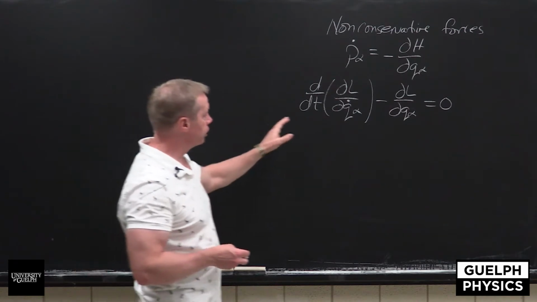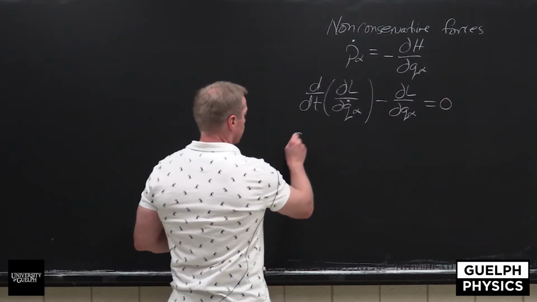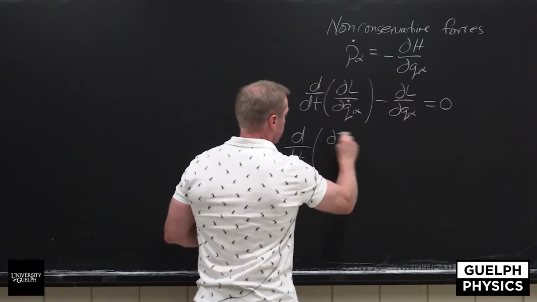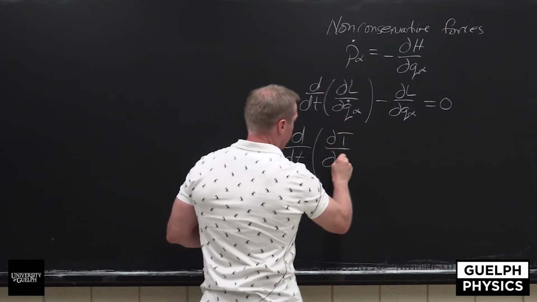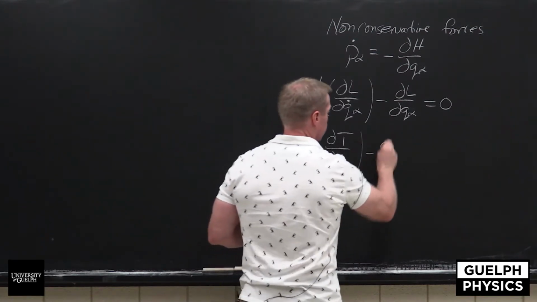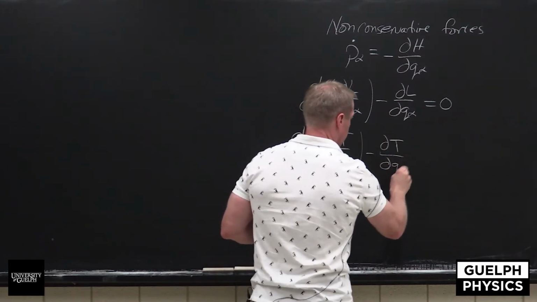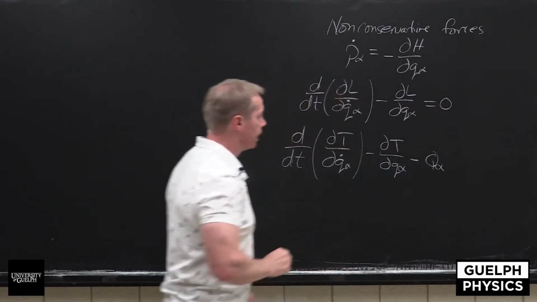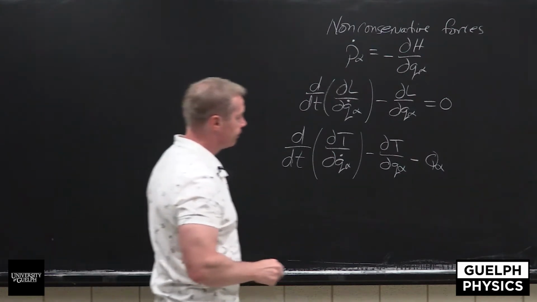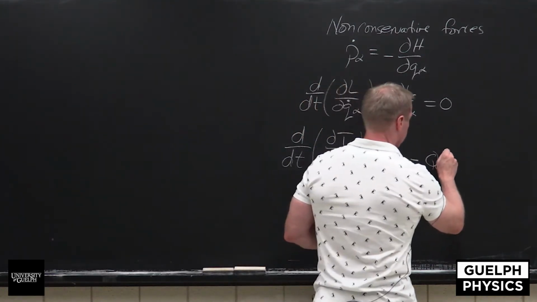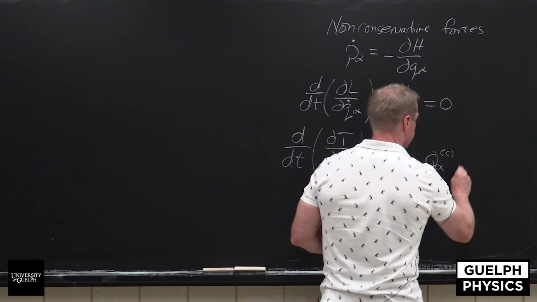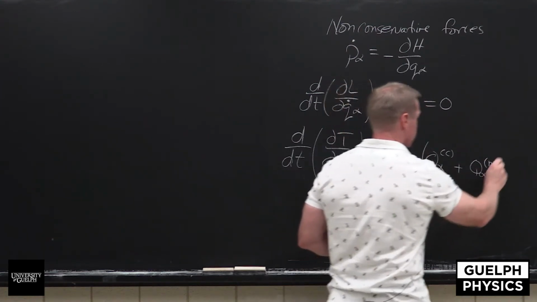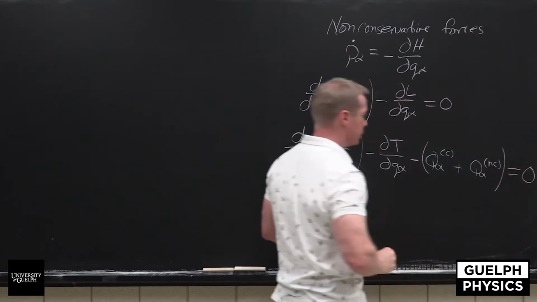Now, we saw much earlier that the general equation involves the kinetic energy, and then we subtract a generalized force, and this generalized force we could break up into a conservative plus a non-conservative part, and that was equal to 0.